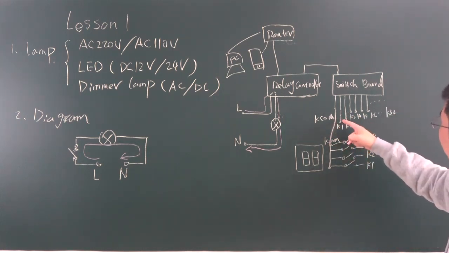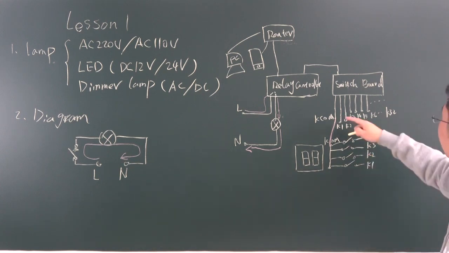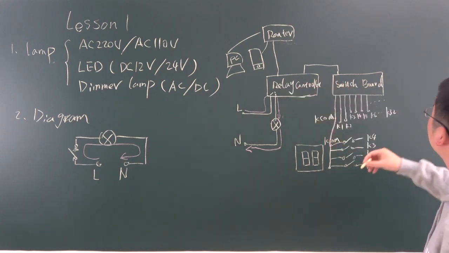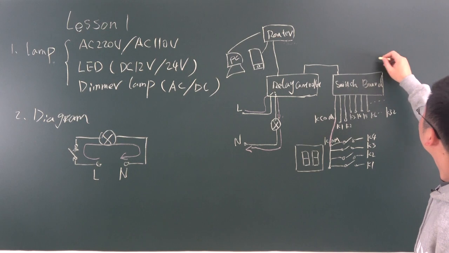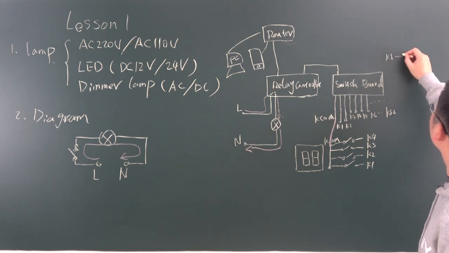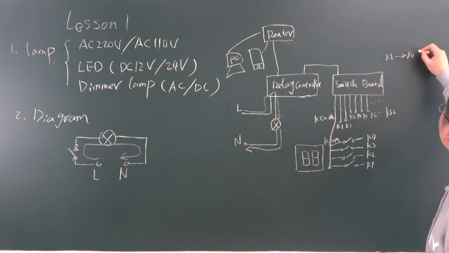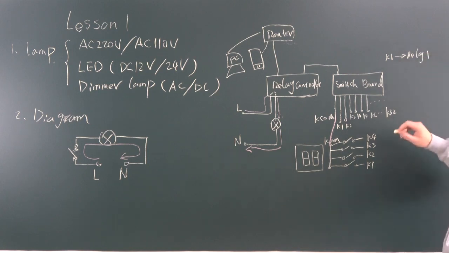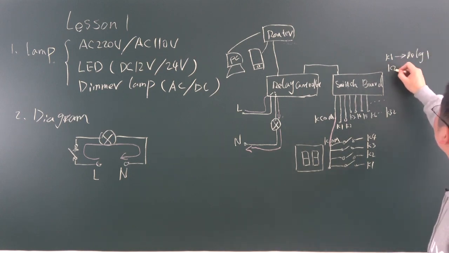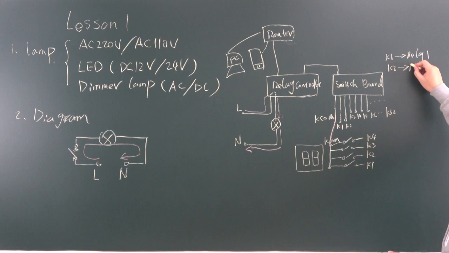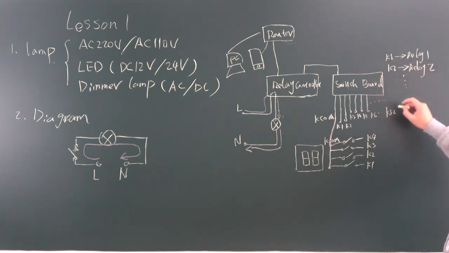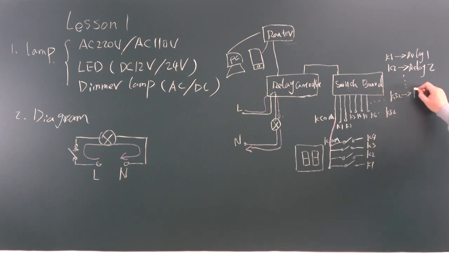And this K1 means relay 1. This can control relay 1 like this. K1 is relay 1, and K2 controls relay 2, and so on until K32 controls relay 32.